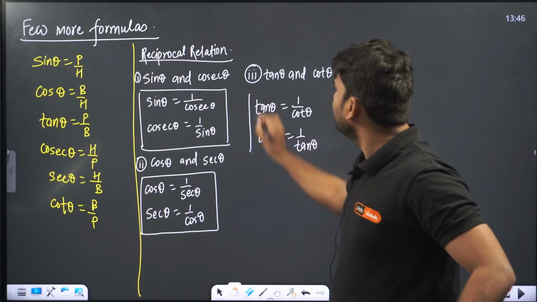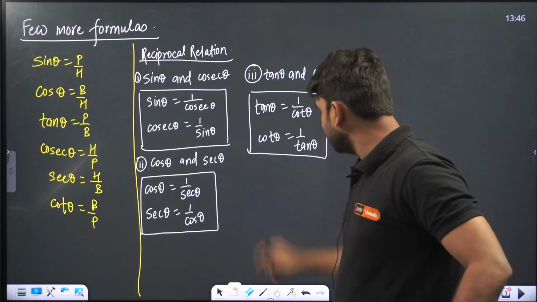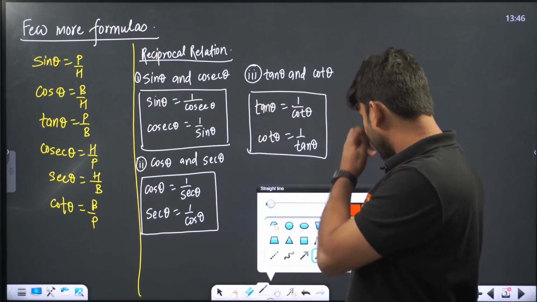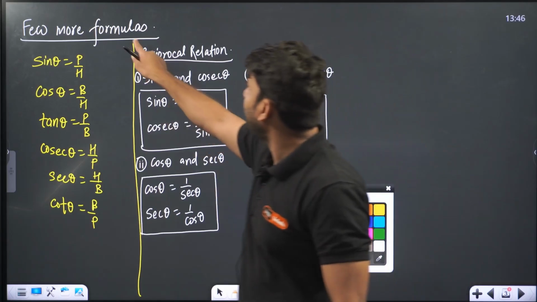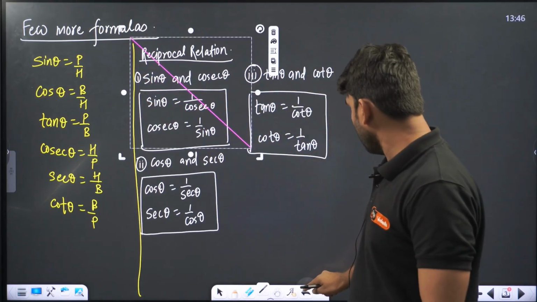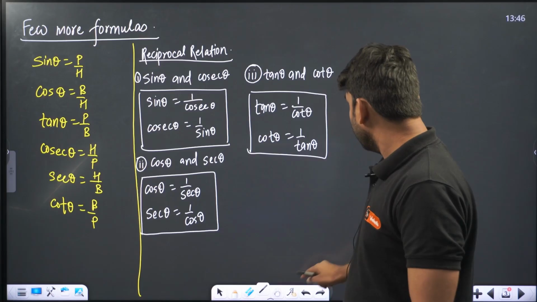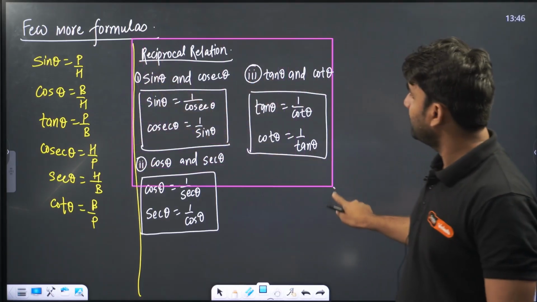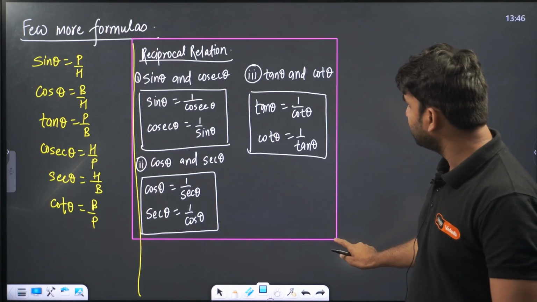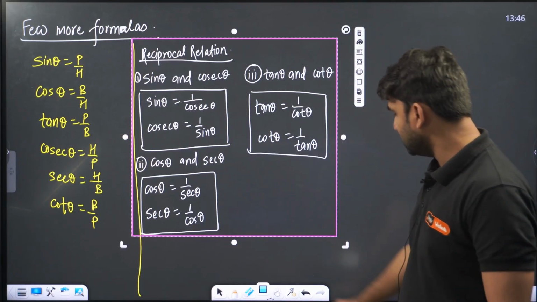I hope this is clear to you all. So this is called a reciprocal relationship between trigonometric functions. Okay, so let me box it separately in a separate box.